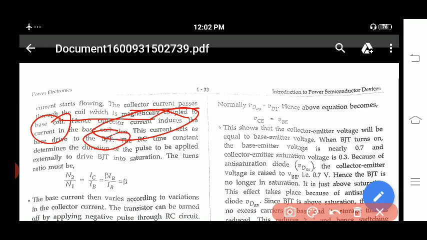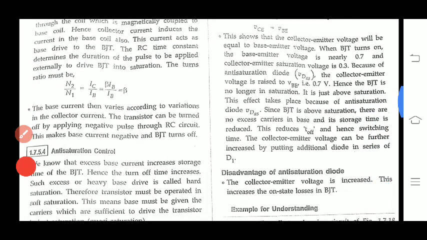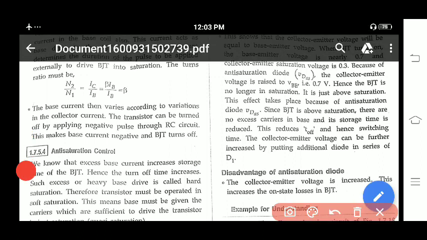This current acts as a base drive to the BJT. The RC time constant determines the duration of the pulse to be applied. So you can write N2 by N1 equal to IC by IB. IC equal to beta into IB divided by IB, so you will get beta. Then base current varies according to variation in the collector current.